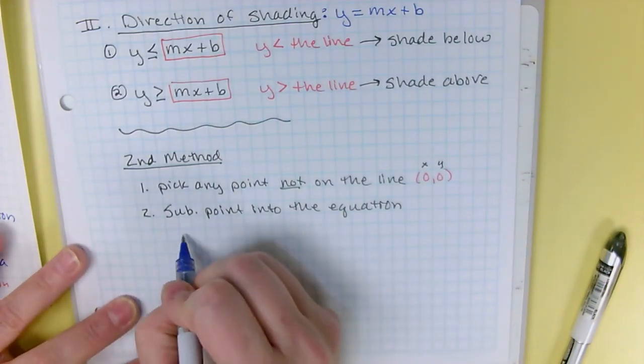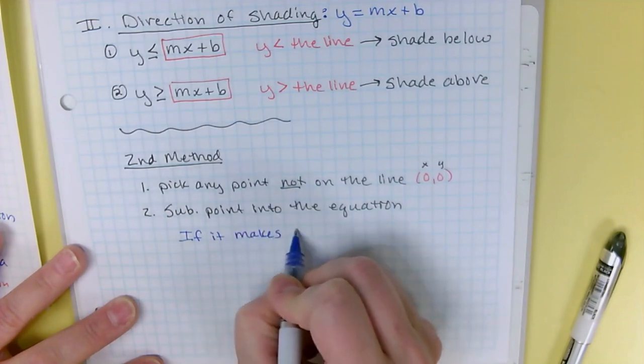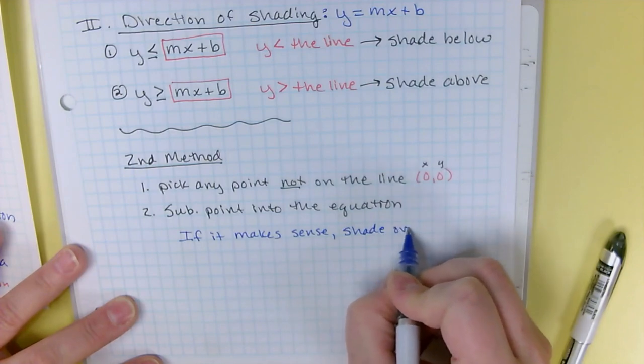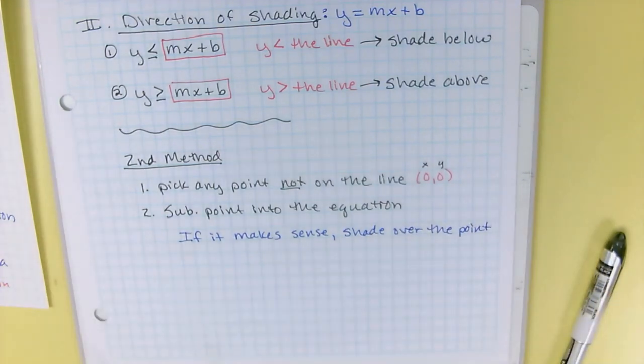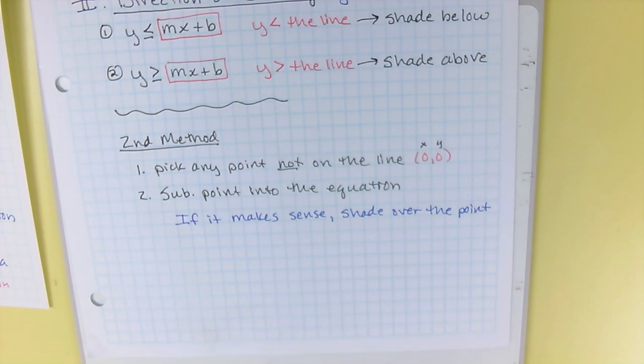Okay, and here's what I'll tell you. If it makes sense, shade over the point. So if your point makes the left and the right true, then your point is in that solution area. You should shade over the top of the point.